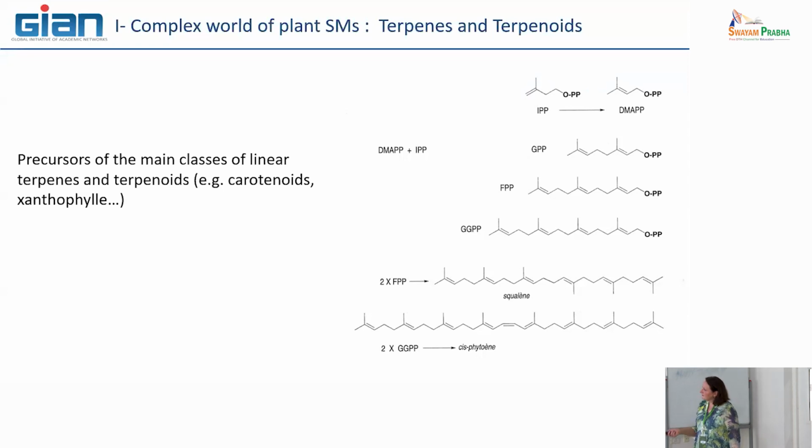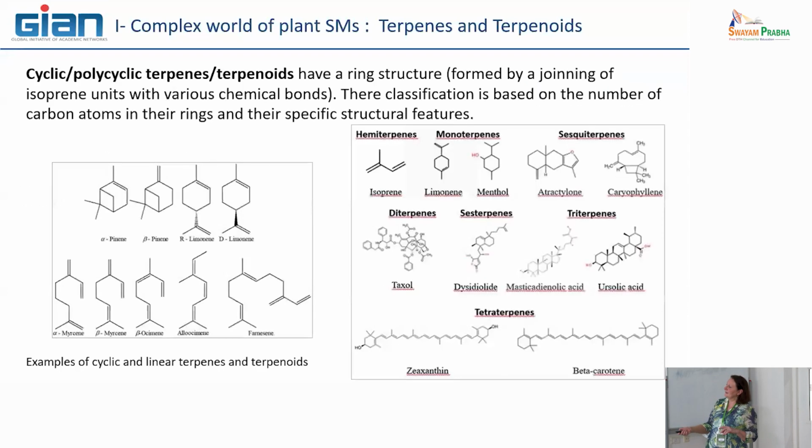And it is exactly the same for phytoene, the cis-phytoene, which is a combination of two geranylgeranyl pyrophosphates. Don't be afraid. It's just to illustrate what I want to show you: in fact, here you have what we call linear terpenoids, even if they are drawn like something with a cycle, but they are linear.